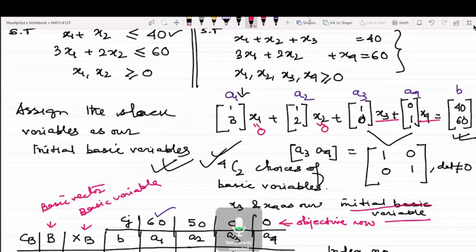So if I try to solve the given system of equations right now, X3 would be 40 and X4 would be 60.